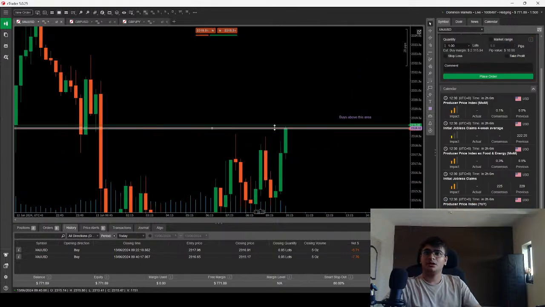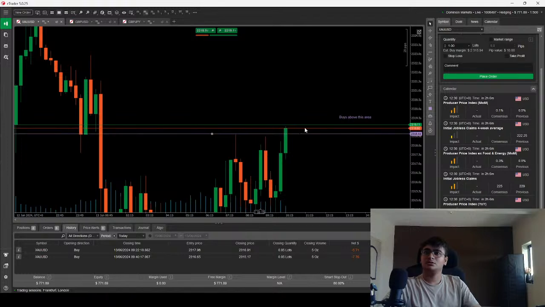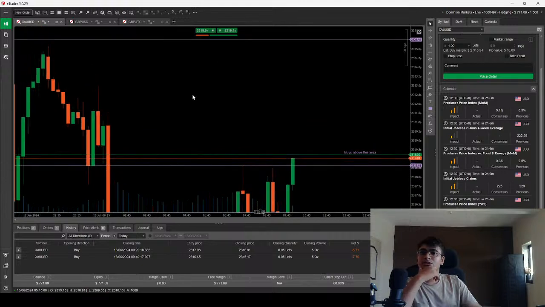Okay, we are having some really bullish momentum on gold. As I said, we are looking for buys above this area. Price has come above this area.